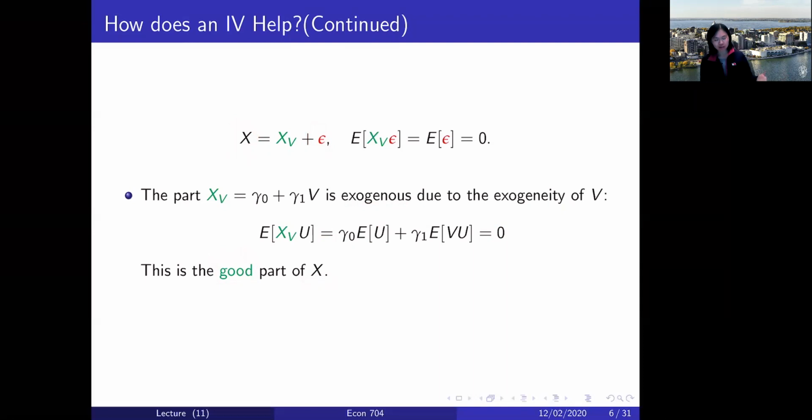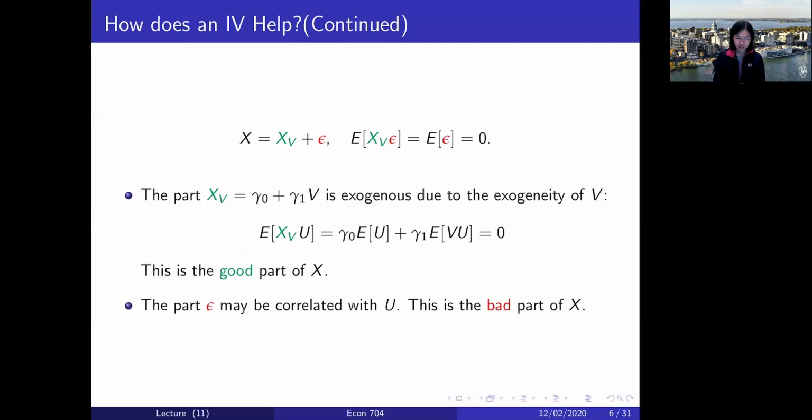But X is not exogenous, and that's why we were not able to just run an OLS regression of Y on X to get a consistent estimator of beta 1. Right? So the epsilon part may be correlated with U, so that is the bad part of X.